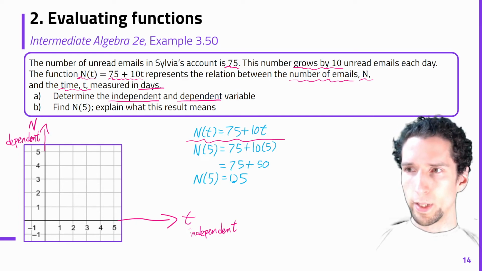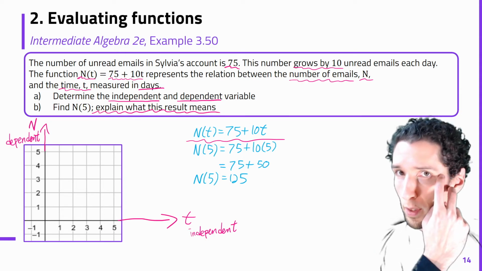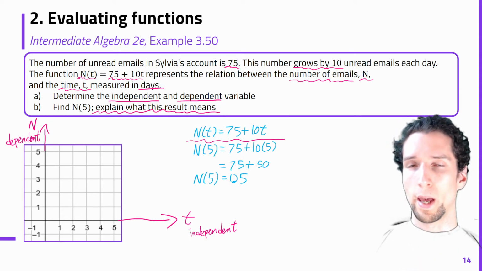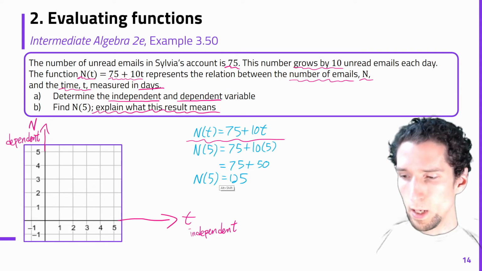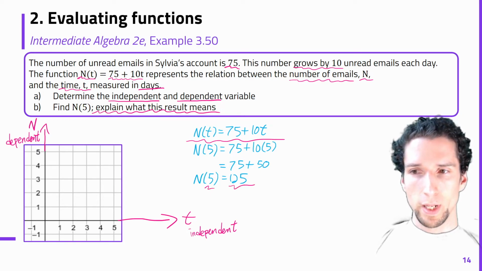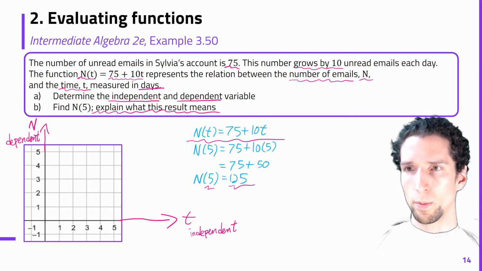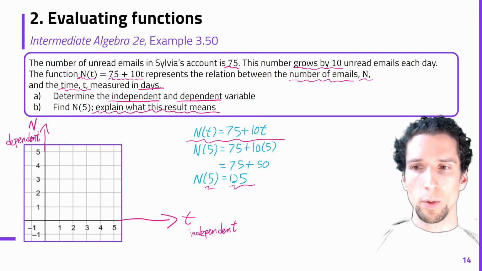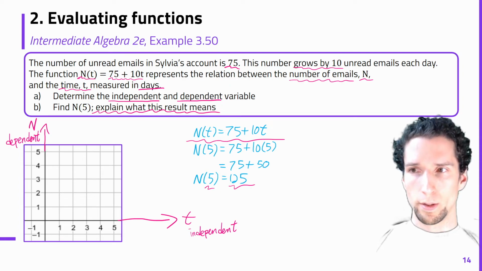The math there is quite simple, but they're also asking us to explain what this result means in terms of the variables and the actual relationships that we have in the problem. So 125 means that after 5 days have passed from the starting point where we start with 75, she will have a total of 125 unread emails.